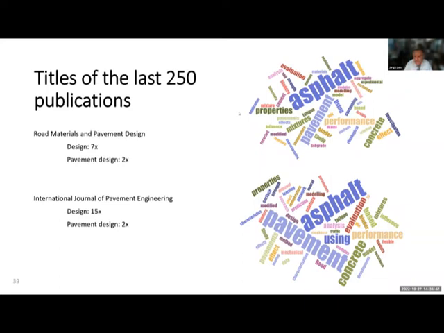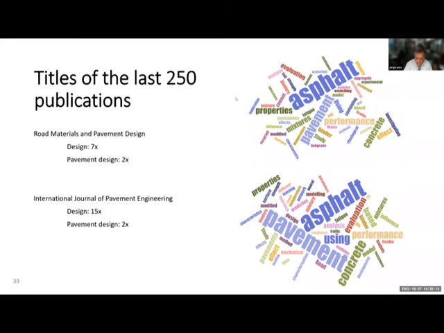As you can see, they are doing almost the same. The most important words are asphalt, pavement, probably performance, concrete, property. So it's based on the latest research that was published in these journals.